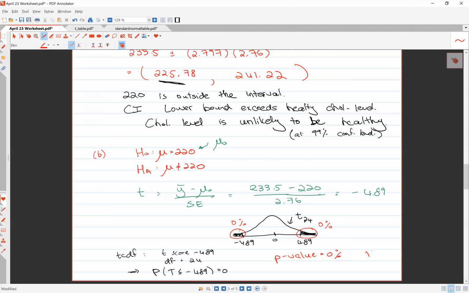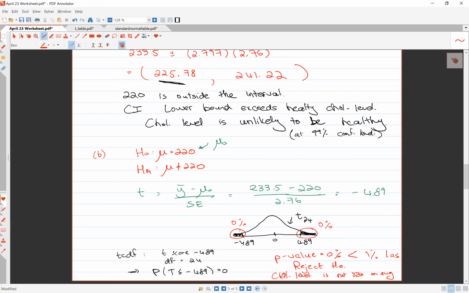We're working with a 1% evidence level. P-value is less than the evidence level or the level of significance. And so we reject the null hypothesis, which means we conclude cholesterol level is not 220 on average.